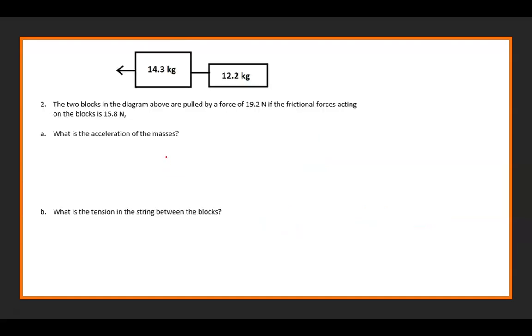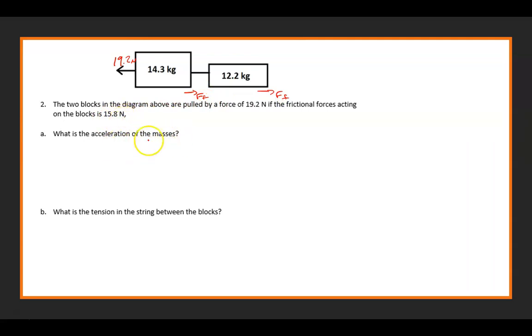Let's take a look at another example here. Two blocks in the above diagram, they're being pulled by 19.2 newtons, and we've got friction coming from both these blocks this way for a total of 15.8 newtons.